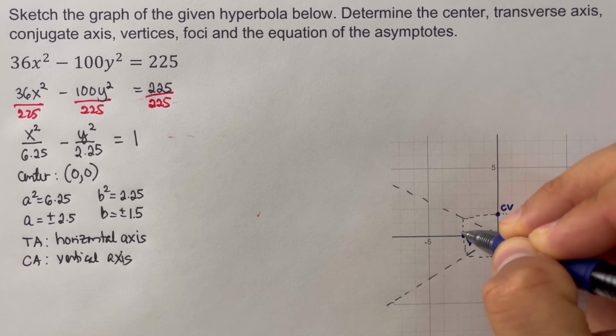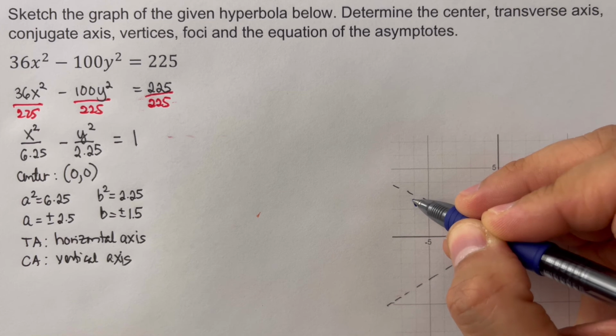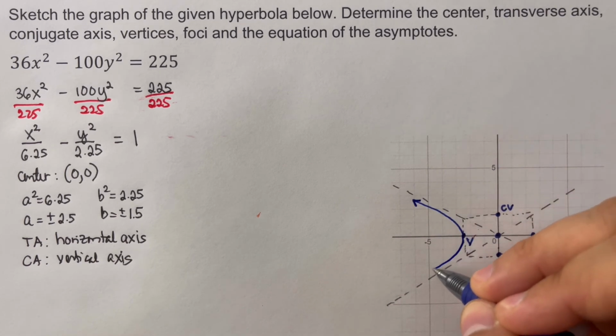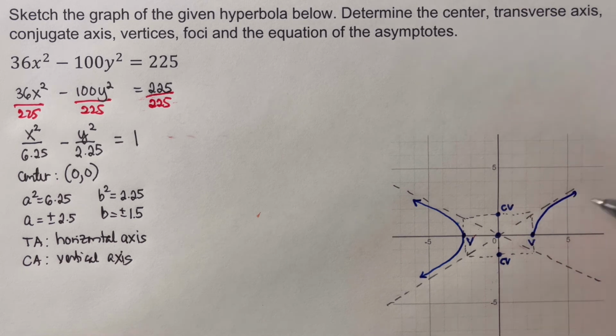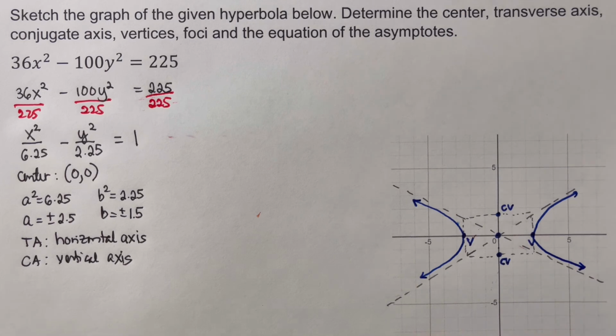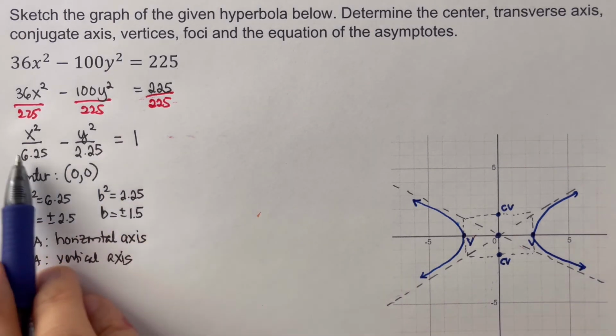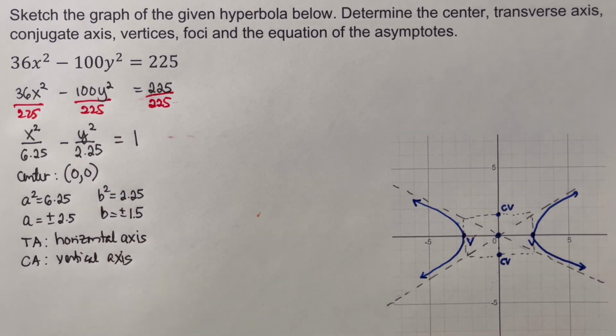So we can draw the first branch of the hyperbola on this left side here and the second branch right here. So this is the graph of this hyperbola in standard form.